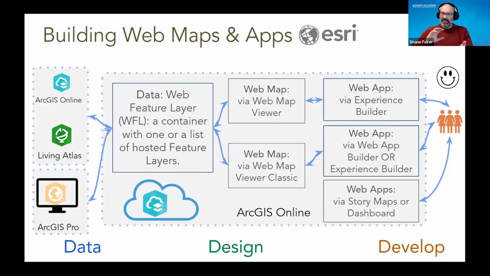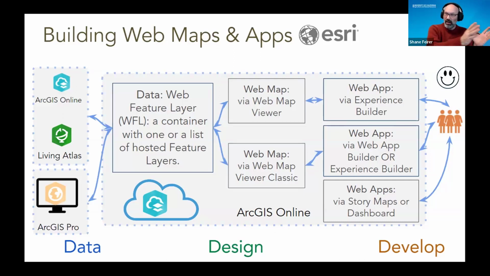You're going to stylize the data, turn on pop-ups or not, save it, and then you're going to turn it into a web app, whether it be created with Experience Builder, which I think Sean will hit on briefly, or the old Web AppBuilder, which I don't think is even easy to get into now, or it's hidden. Or you could just use a story map, data map, or dashboard to use those web maps. And then you can share it out to either those within your organization, a group, or everyone.